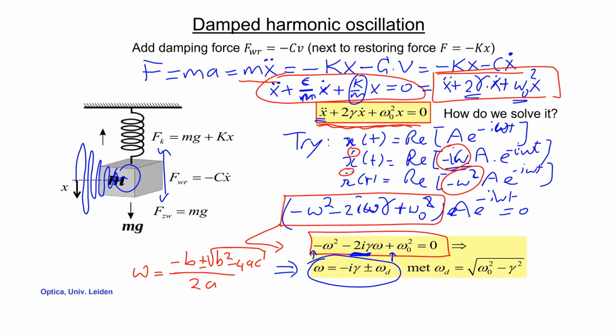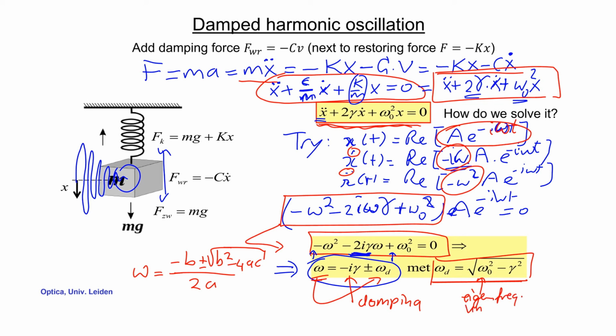So you find that this omega in the trial solution is a complex number. It contains the damping rate as its imaginary part, and the real part is a frequency which is very close to the eigenfrequency of the undamped harmonic oscillator, but contains a small correction due to the damping.